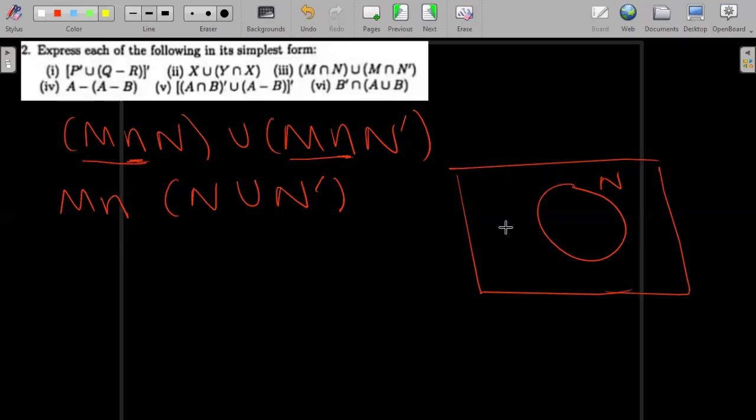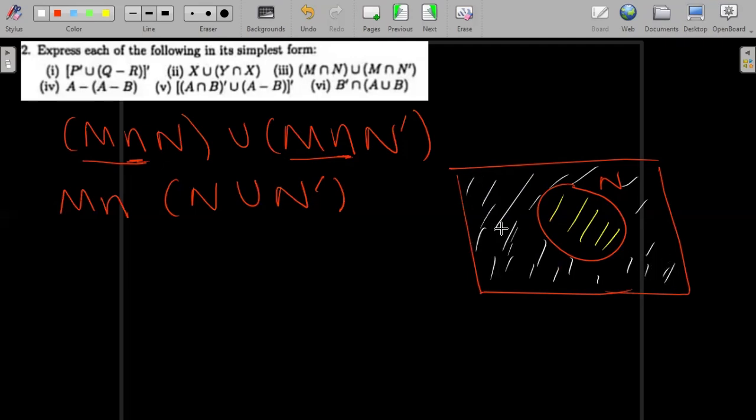This is the set N, then union N complement. So this here, shaded in yellow, is the set N. Then the complement is everything outside there, like that. So this is what you're going to get.